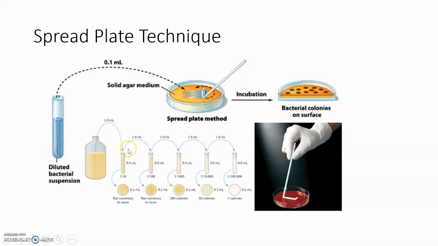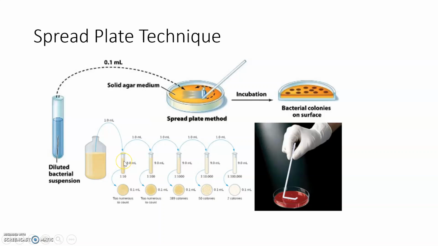Total 10, and among them 1 is the bacterial suspension, that is a 1:10 dilution. From this, again 1 ml is added to the second tube. Now the dilution becomes 1:100. The same 1 ml is again added to the third tube, 1:1000. From the third to the fourth, 1:10,000. From the fourth tube to the fifth tube, again 1 ml is added, and it results in a 1:100,000 dilution.